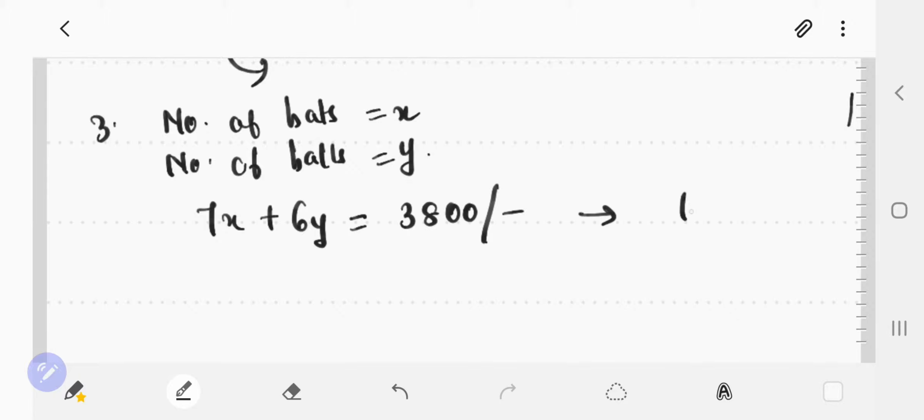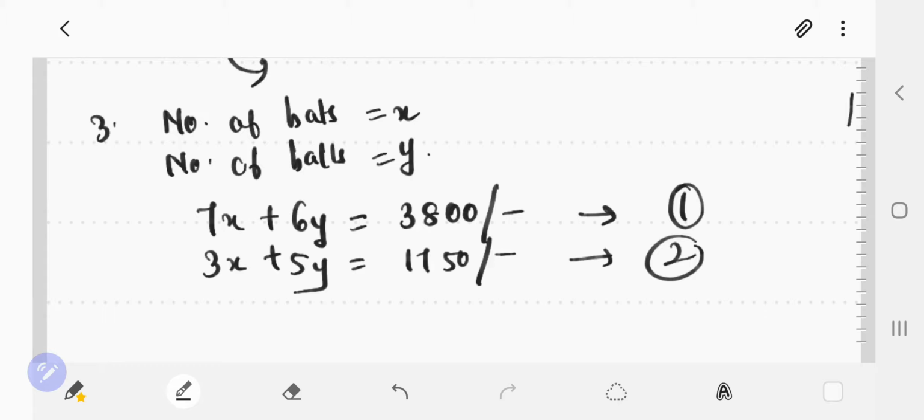So that will become your equation number 1. But later she buys 3 bats and 5 balls. So 3x plus 5y, and total she pays 1750 rupees, and that's your equation number 2.